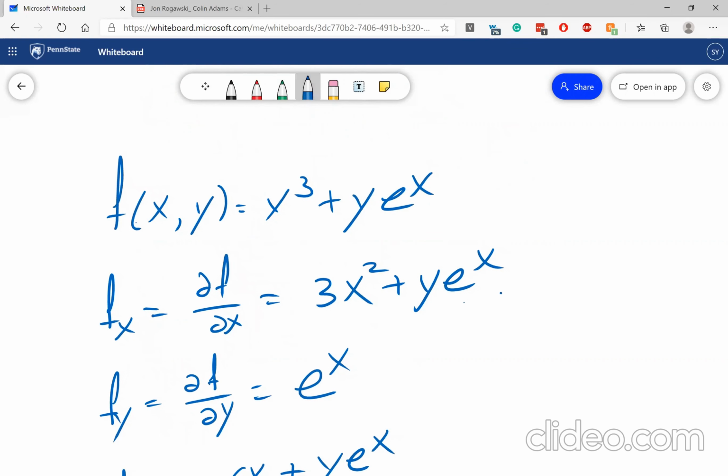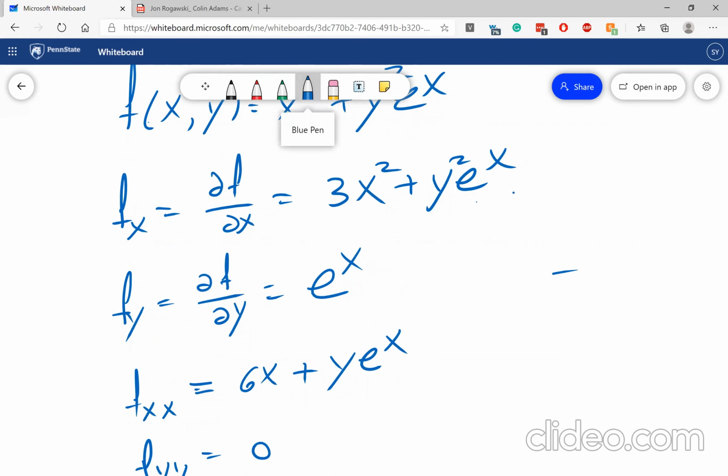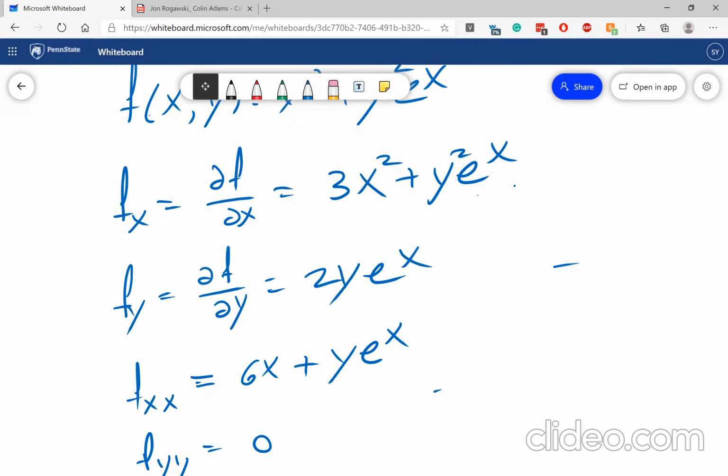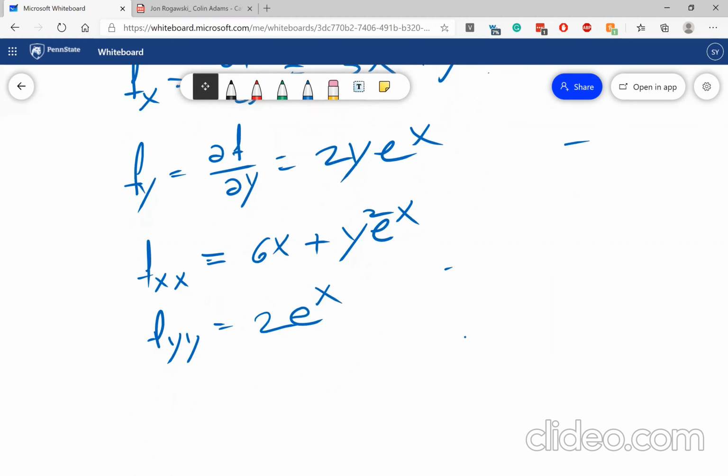This thing is squared. Okay, so some of this is different. This thing over here will be 2y e to the x. This over here is just going to be that, and this thing is going to be 2e to the x, okay?